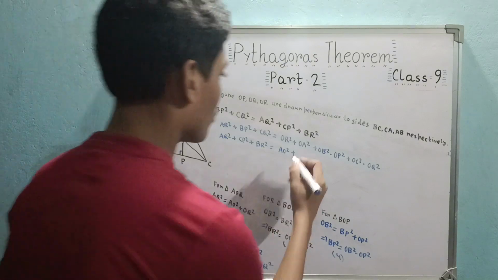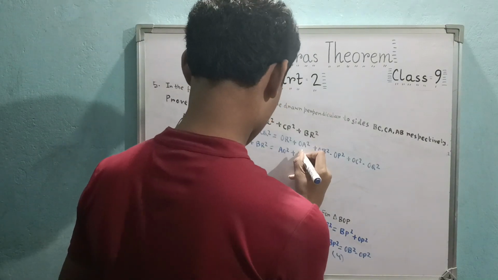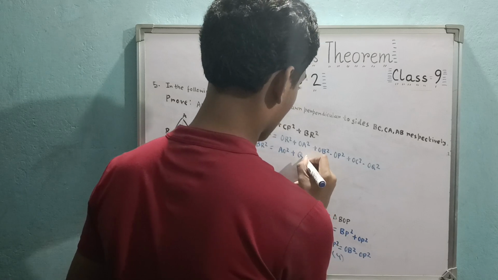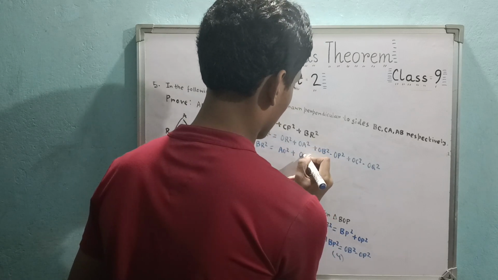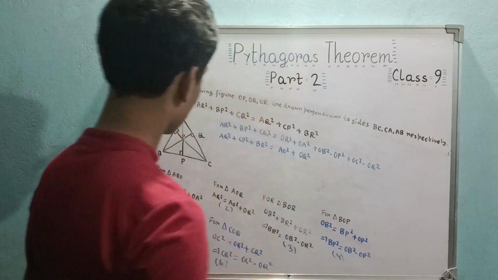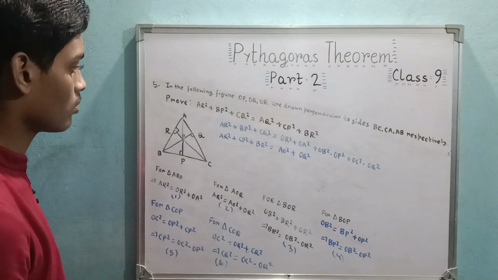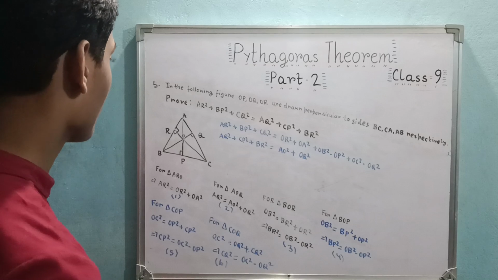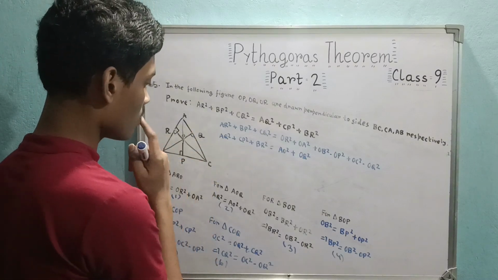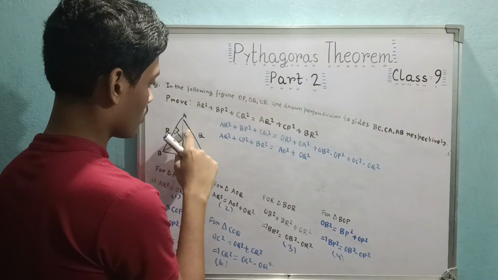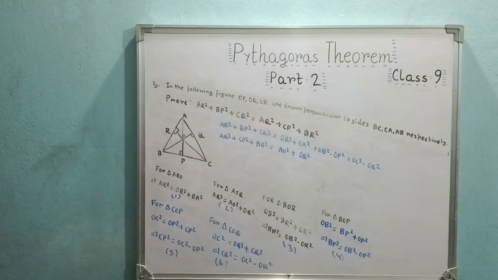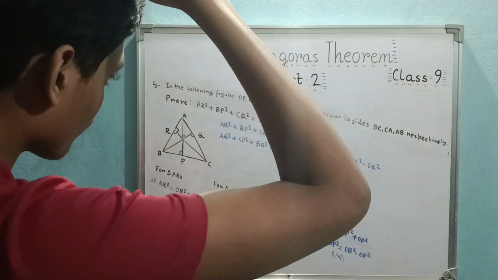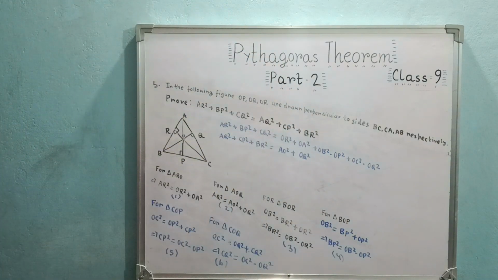AO square plus OQ square. Okay, so here if the right angle was there, let's see. This is a complex one. So we will have to just keep checking. When these two additions become the same, that is the correct answer.